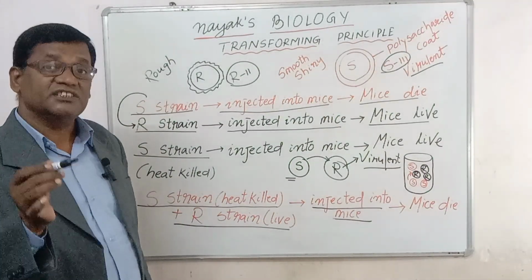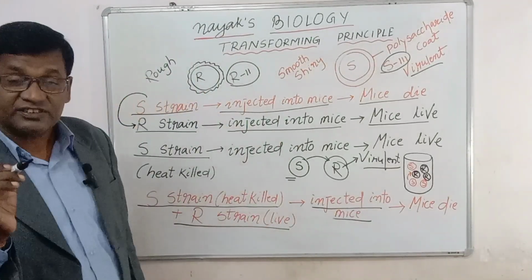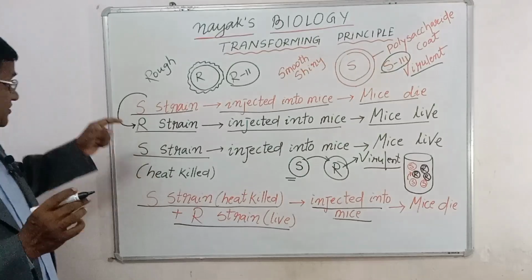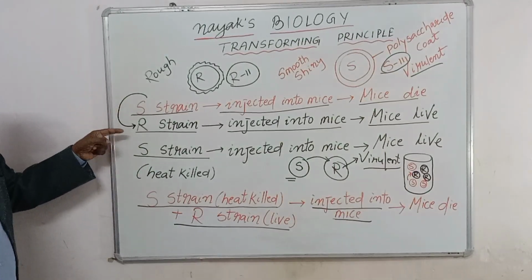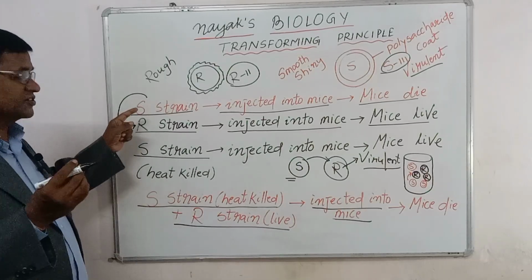That means the R strain is able to cause pneumonia to the mice, and the mice died. It is the first evidence that the genetic material of the S strain moves to the R strain. That's why the R strain behaves as an S strain.